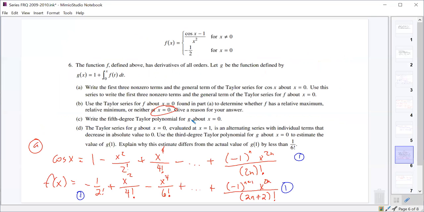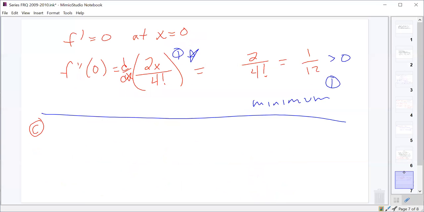First, we have to evaluate our original function, g at 0. So let's go back to our page, what's g of 0?